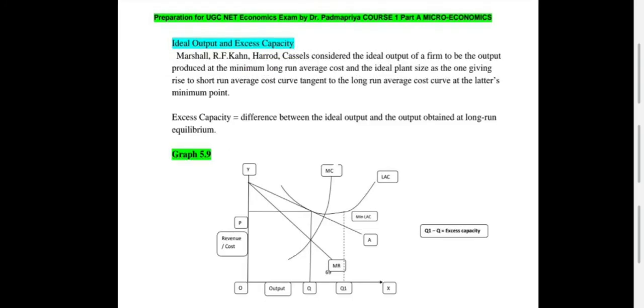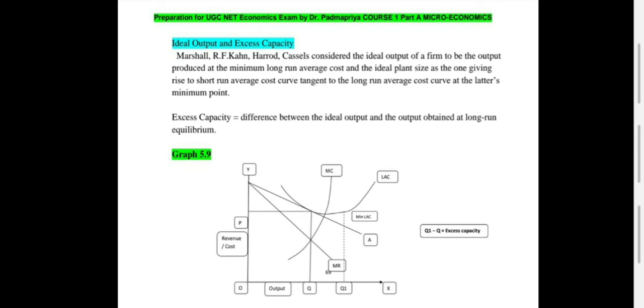Marshall, R.F. Khan, Harrod and Castles considered the ideal output of a monopolistic firm to be the output produced at the minimum long-run average cost, and the ideal plant size as one giving rise to a short-run average cost curve tangent to the long-run average cost curve at its minimum point.